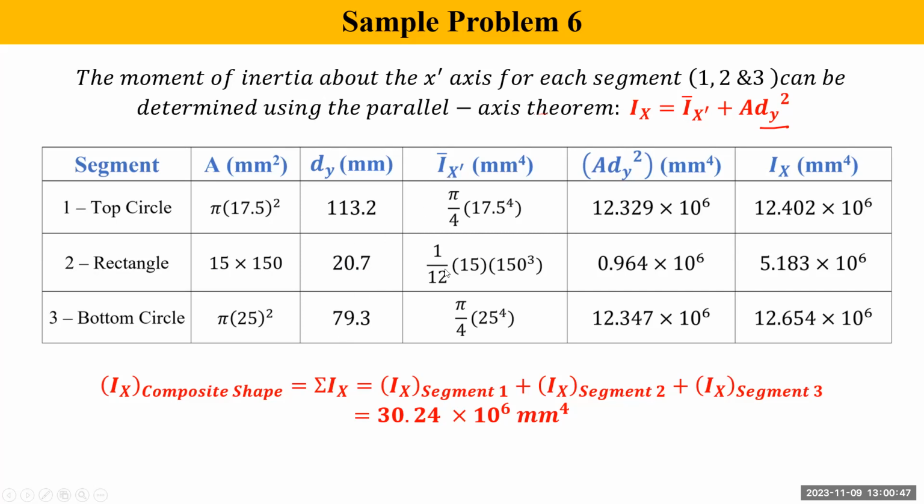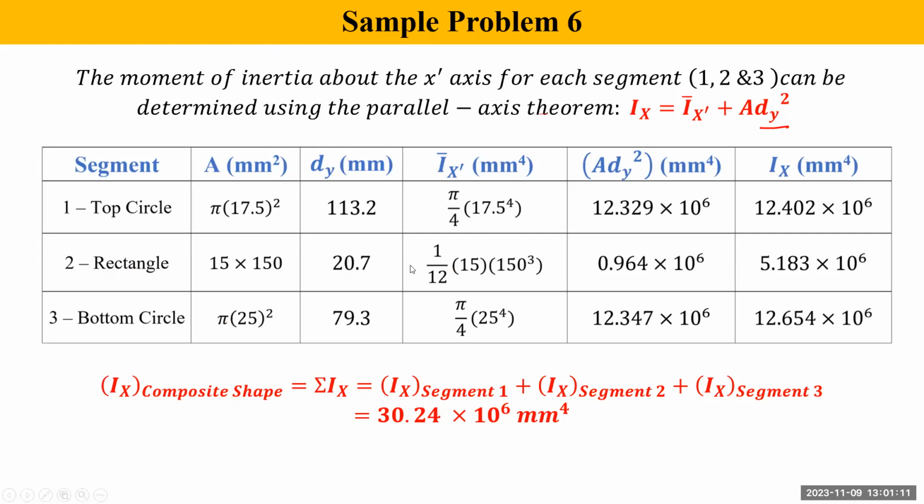Your first Ix is going to be the standard for each one of them. For a circle, it's going to be a quarter pi times the radius to the fourth. So you put in the radius of the circle, which was 17.5. That gives you the first section. For the rectangles, I'm taking them line by line.